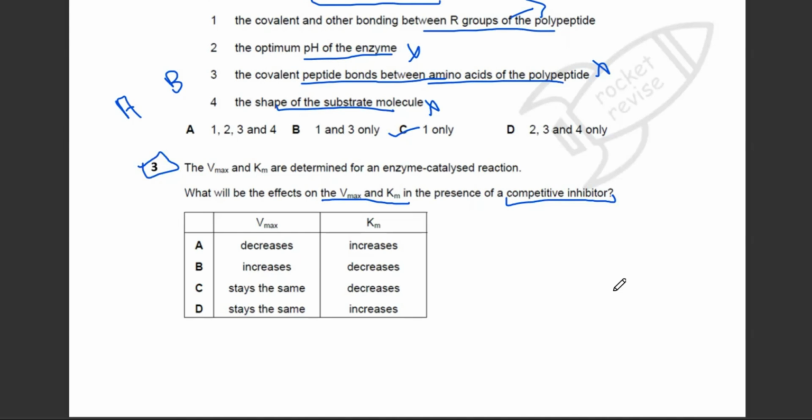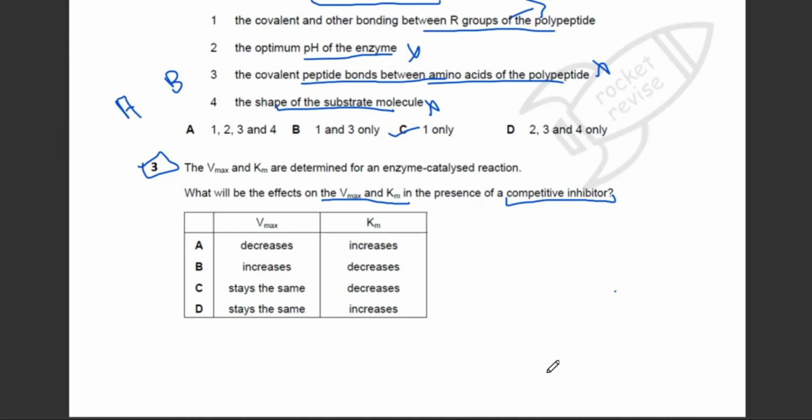What did a competitive inhibitor do? It is a reversible reaction and it has the same shape as that of the substrate. So it can also bind with your active site. If your competitive inhibitor binds with your enzyme, will there be any impact on your Vmax?